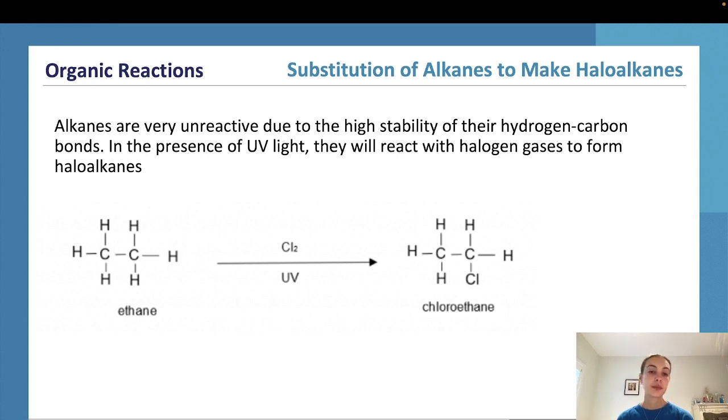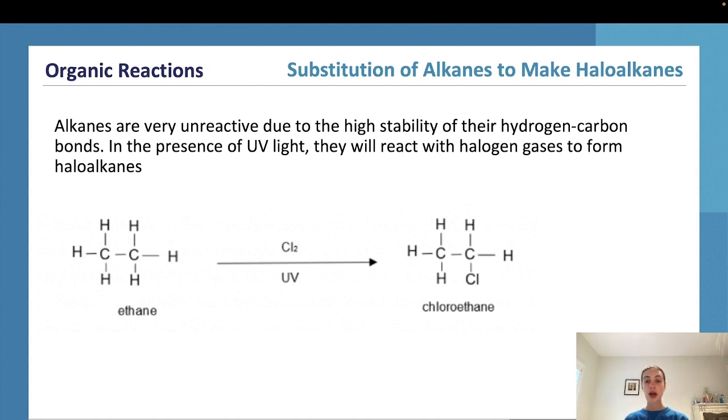So for example, if we started off with an ethane molecule and we were to put it in the presence of UV light and chlorine gas, so Cl2, we could form a chloroethane molecule. When we form the chloroethane molecule, we're switching out one of the hydrogens for a chlorine atom.